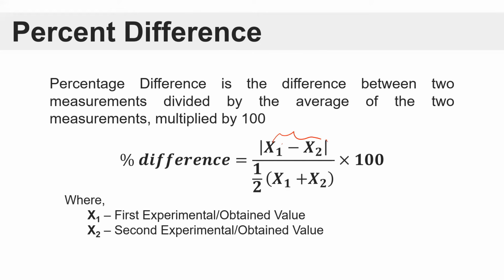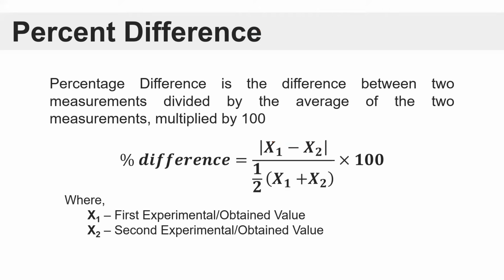Percent difference compares experimental values to find out how much these values differ from each other. It tells you how large or small your obtained data is compared to other values in your data set. Since it compares your obtained value to other obtained values, percent difference indicates precision of measurement.